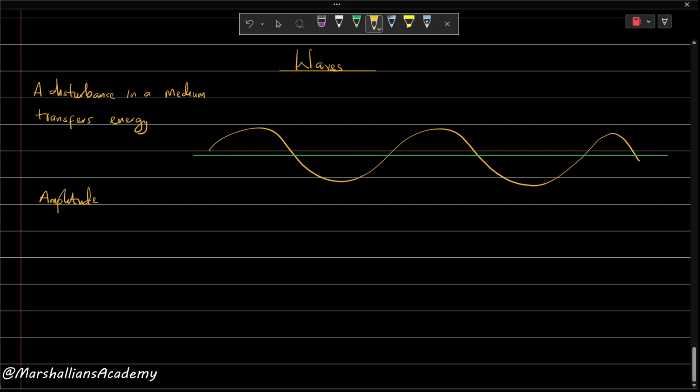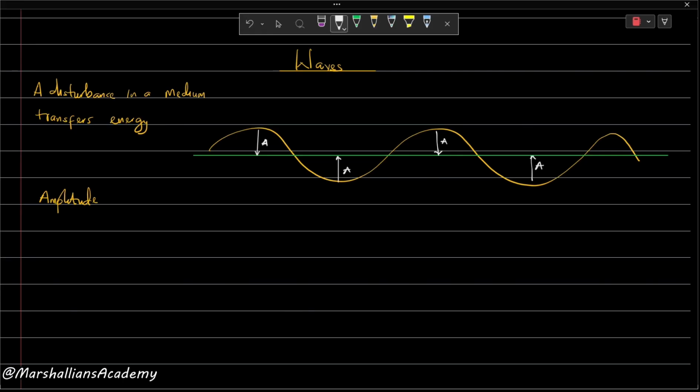And basically, if we could show you what the amplitude is, let me show you in white. This is the amplitude. Look at it. This is the maximum displacement. This is also the amplitude. Why?